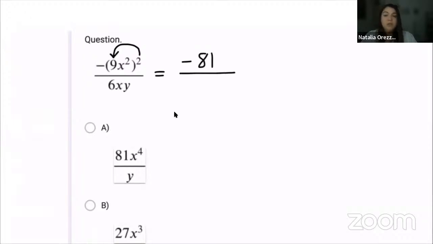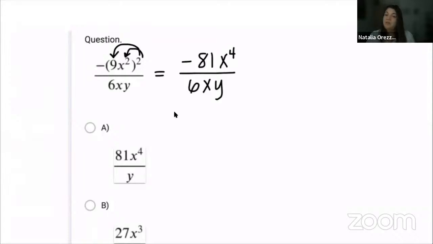Remember, squaring is just multiplying by itself. And here, x squared times x squared gives me x to the 4th. Then on the bottom, I have 6xy. There's nothing squaring there, so we're going to keep that the same.